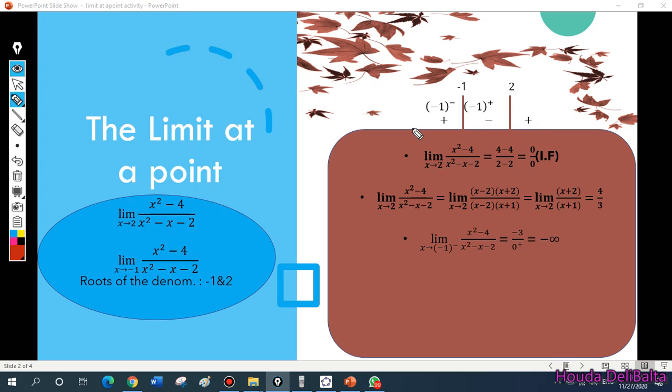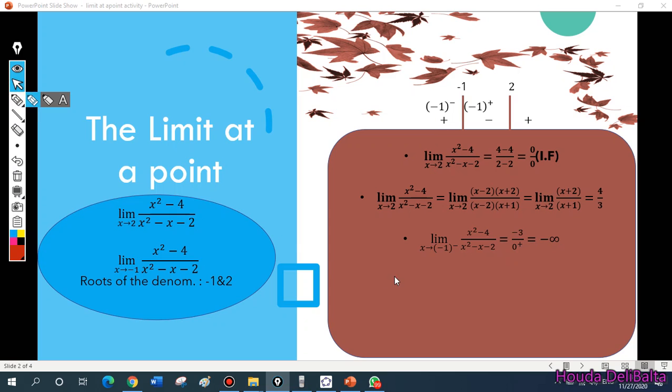Because we are talking about minus 1 minus, that side has a positive sign, so we put 0 plus, because minus 1 is a root of the denominator. Then minus 3 over 0 plus is minus infinity. Minus over plus is minus, and 3 over 0 is approaching infinity.